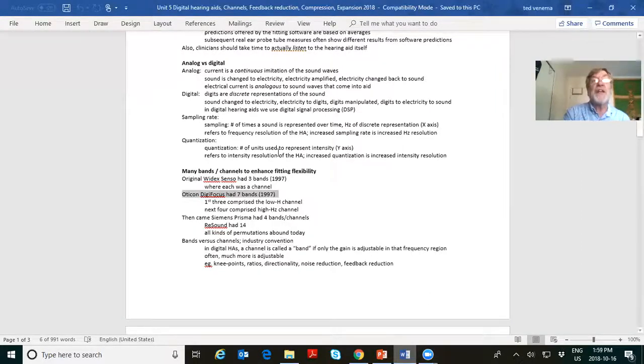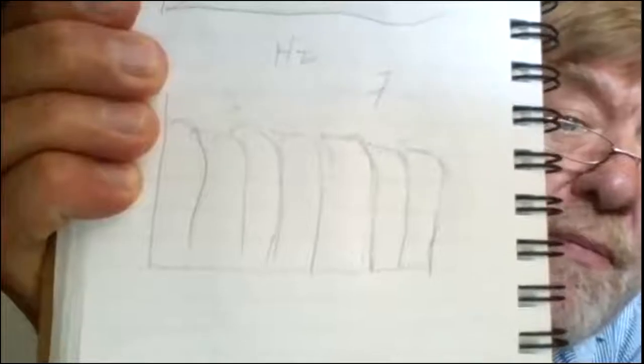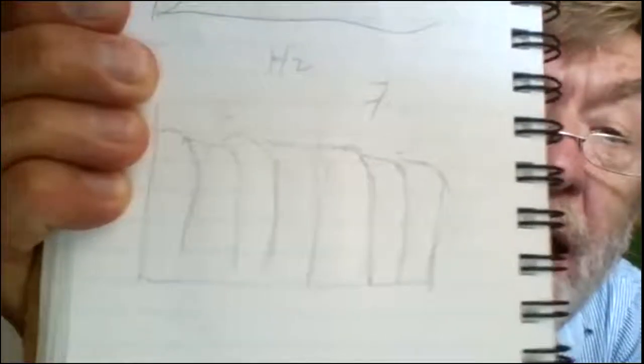I'll show this again here just so we all have this clear. 7 bands, okay? And then the bottom 4 on the left was called channel 1. And the top 3 on the right was called channel 2.